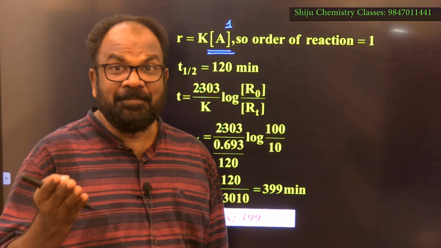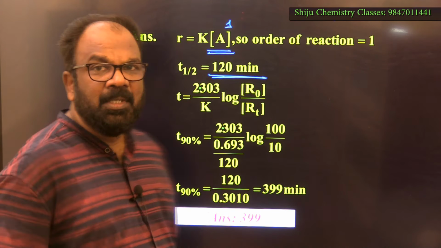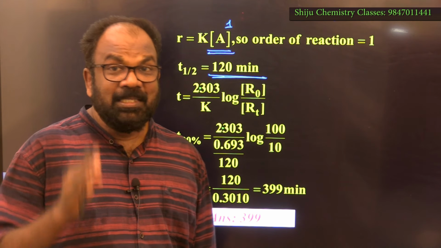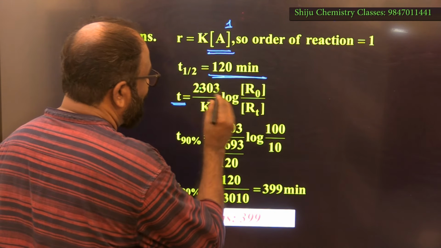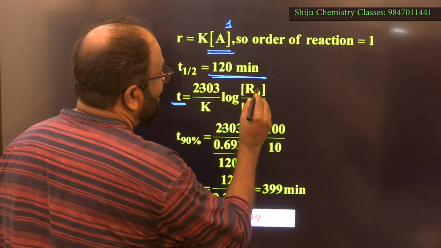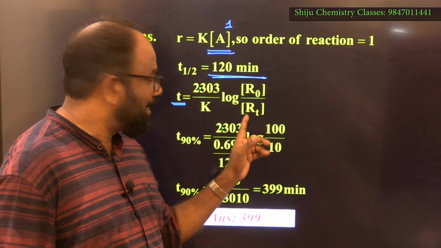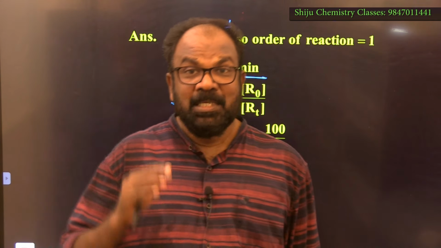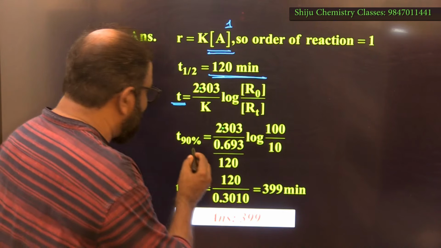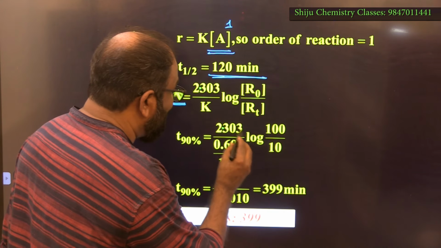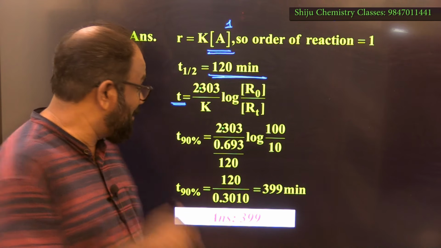Here the half-life of the reaction is given as 120 minutes. We know for a first order reaction, the time taken for the reaction T is equal to 2.303 by K into log R0 by RT. Here R0 is the initial concentration and RT is the final concentration. So the time taken for 90% completion, T 90%, is equal to 2.303 divided by K. K is equal to 0.693 divided by T half.